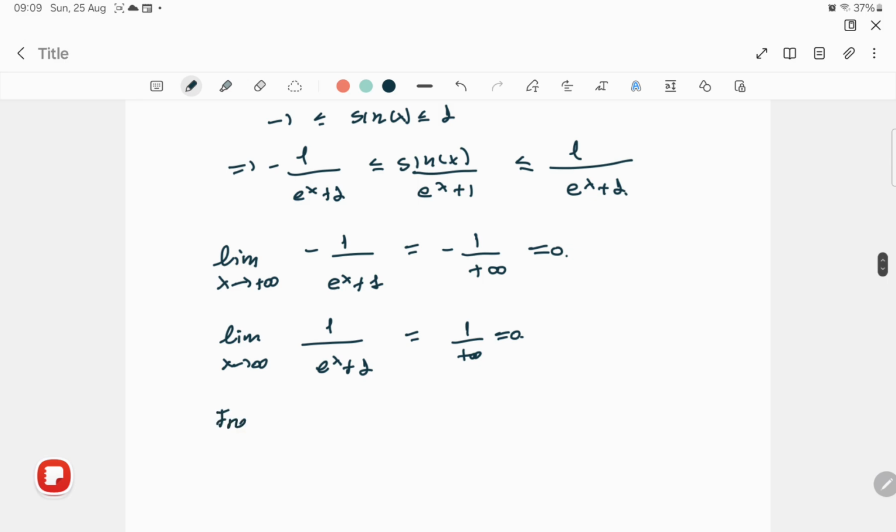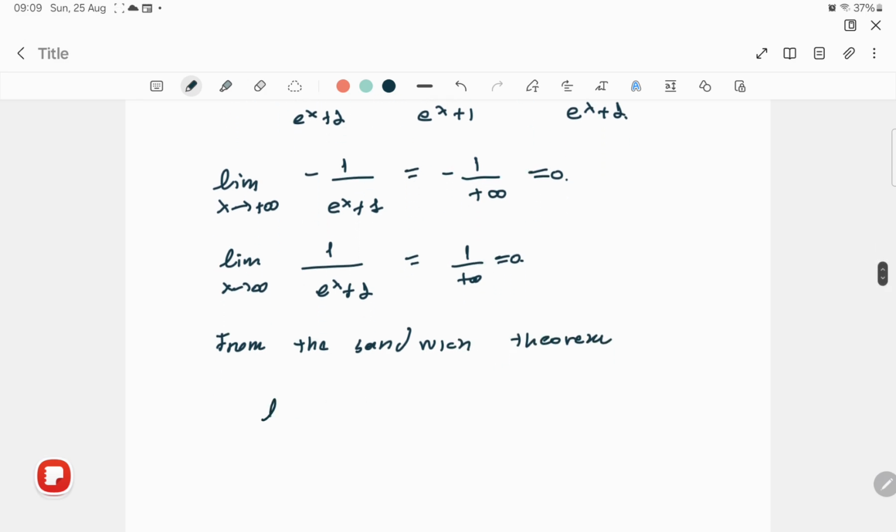So from the sandwich theorem, the limit of the function sine x, the wave function, over the exponential plus a constant as x approaches plus infinity is equal to 0.